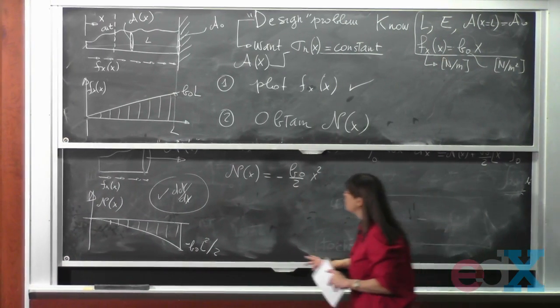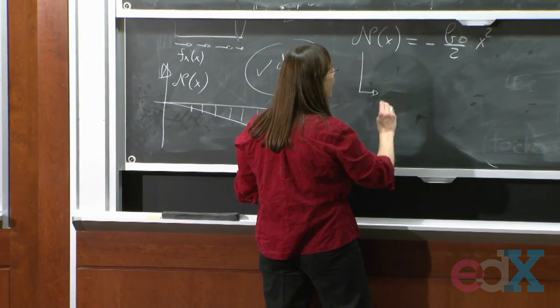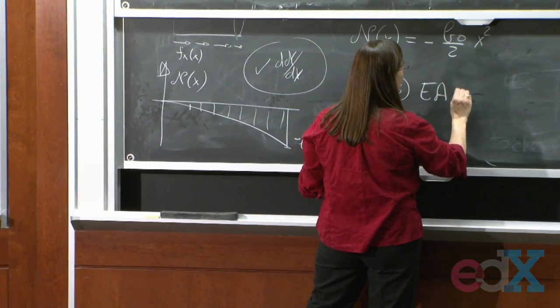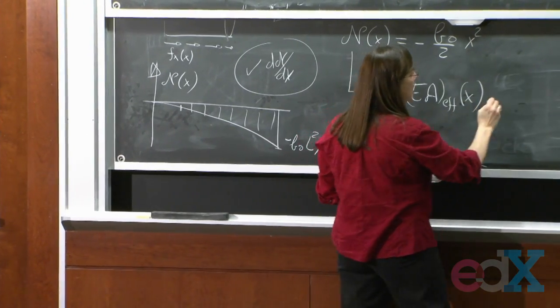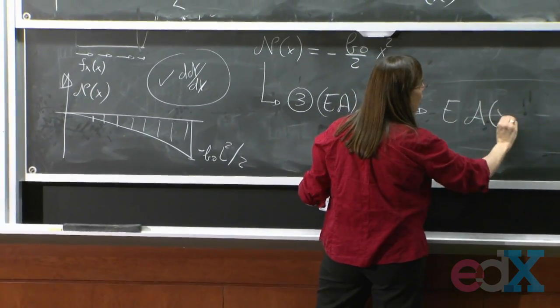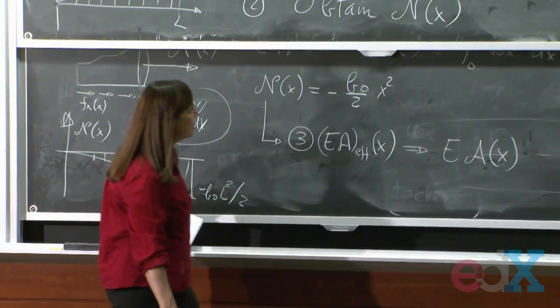OK, so I got n of x. So after n of x, I have part 3, which is my EA effective of x. And EA effective of x is simply equal to E times my unknown A of x. That's an easy one. Excellent.